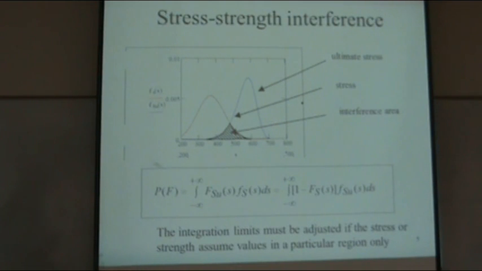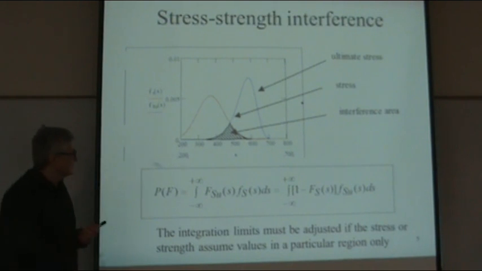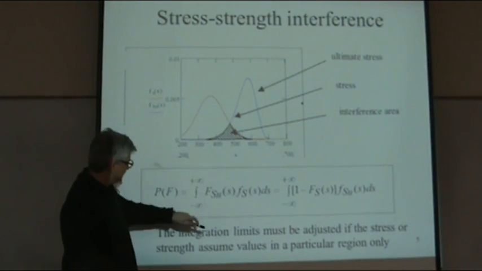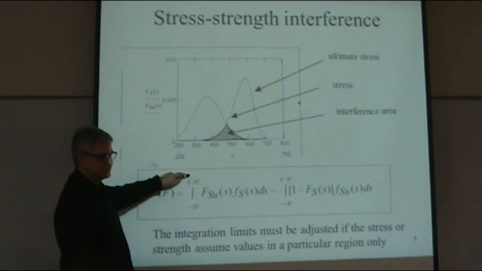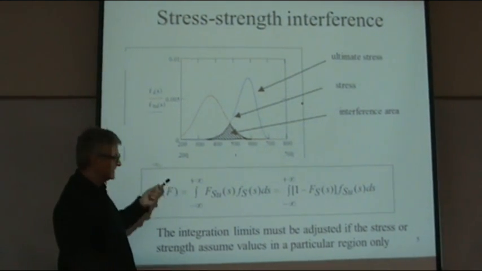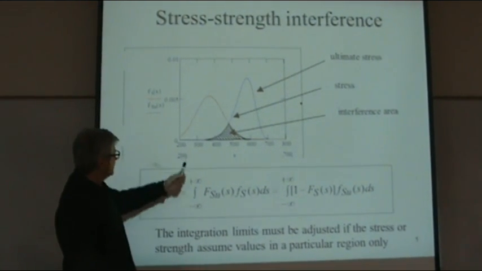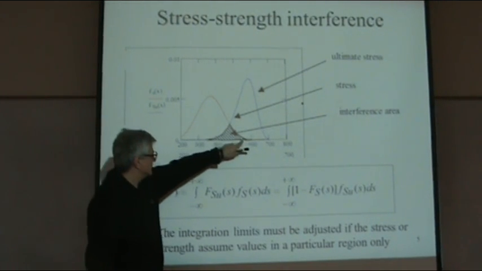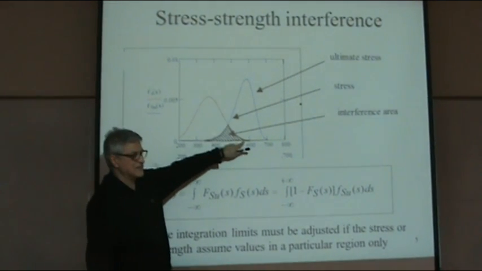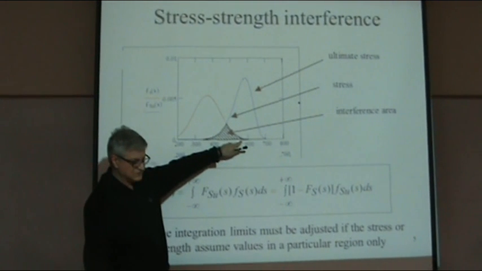All right, now the integral is not easy many times to calculate, especially if you use numerical integration. So instead of integrating from minus infinity to plus infinity, which is very inefficient, you find the region for which the two probability density functions overlap.